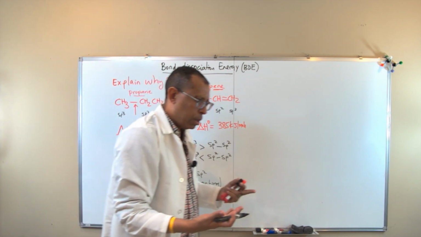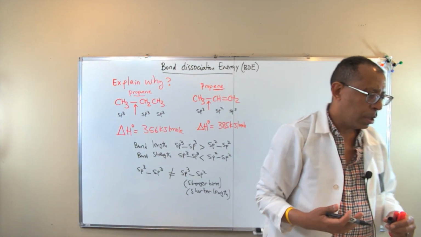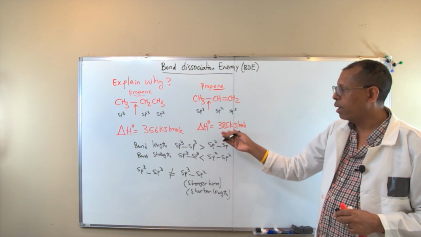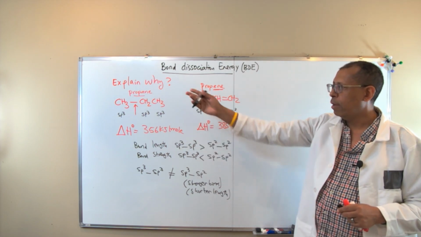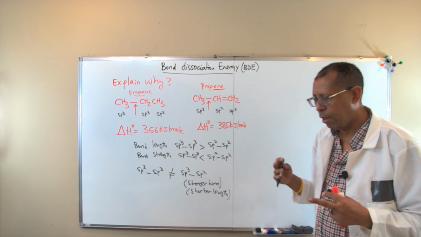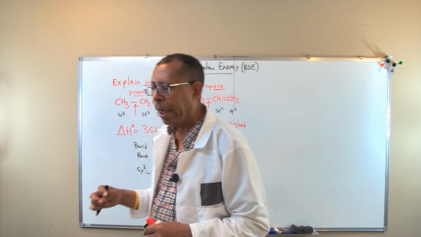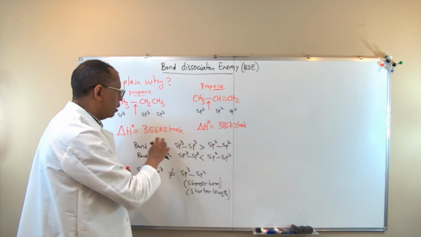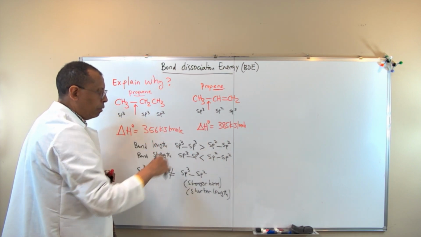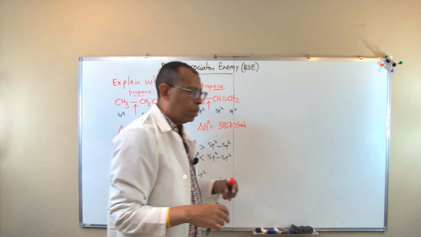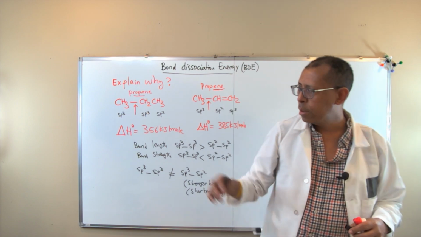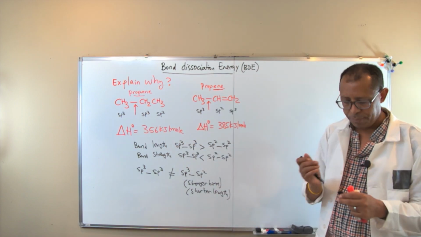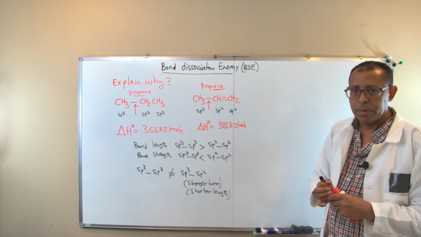We have a rationale why the bond dissociation energy would be higher for propene than for propane. This is a very scientific explanation of the bond dissociation energy difference between the two, based on the hybridization of the carbons that are involved in those molecules.